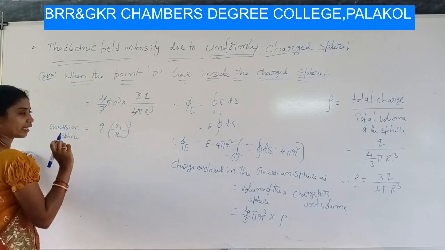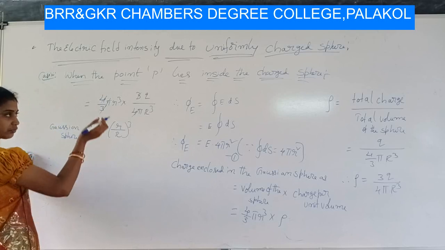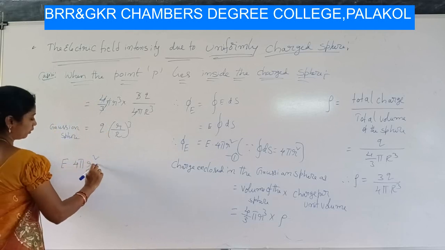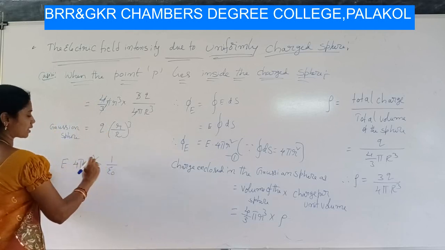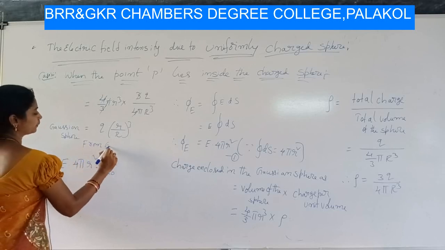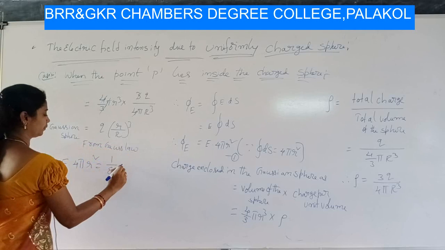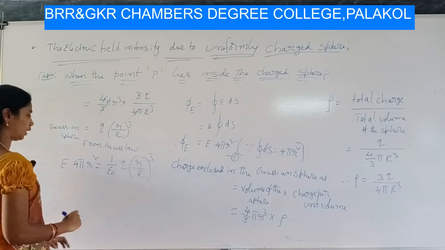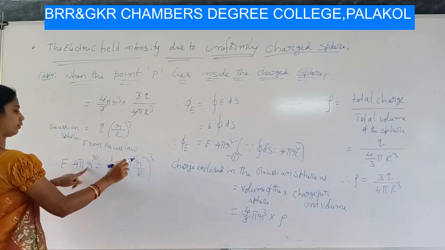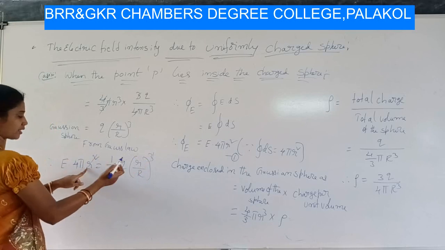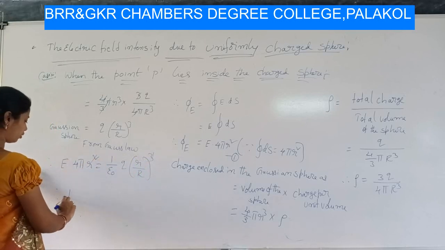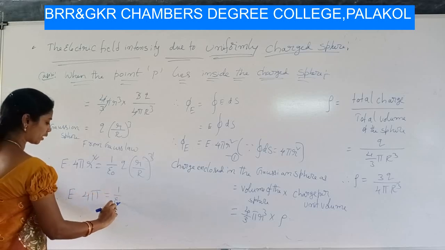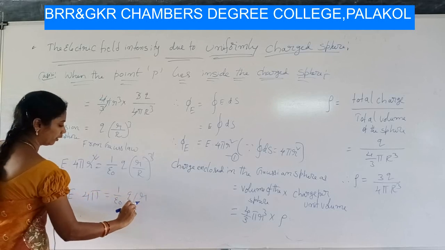Therefore, using equation 1, the electric flux for the Gaussian surface is E into 4 pi r square, which equals 1 by epsilon naught times Q into r cube by R cube. Cancelling r square on both sides, E into 4 pi equals 1 by epsilon naught times Q into r by R cube.